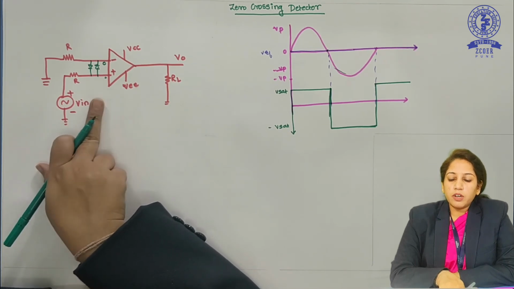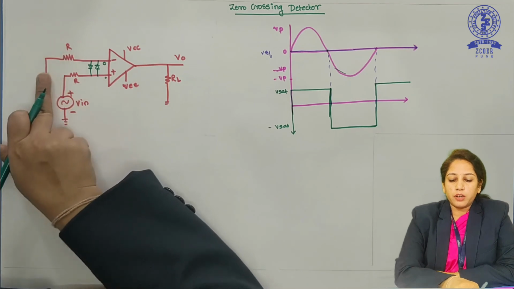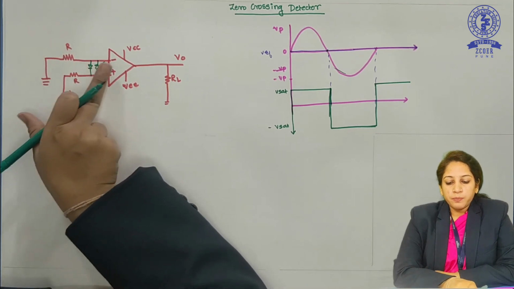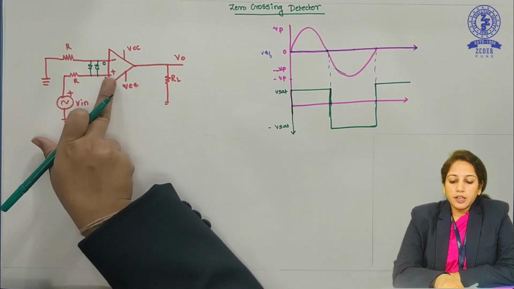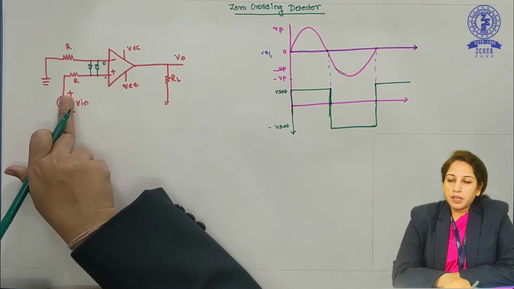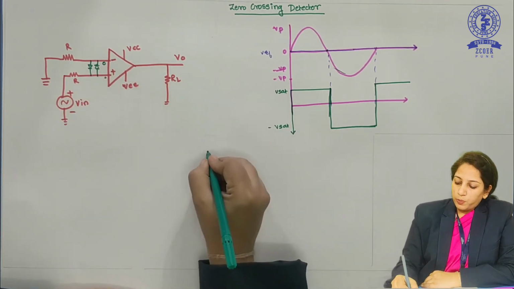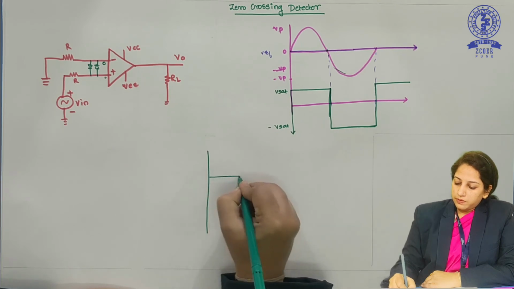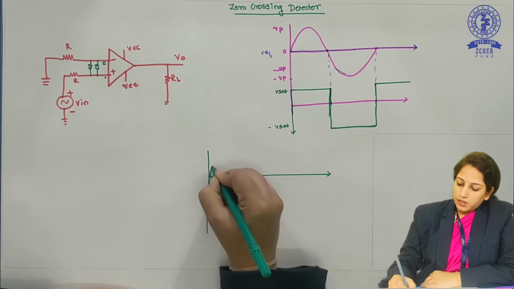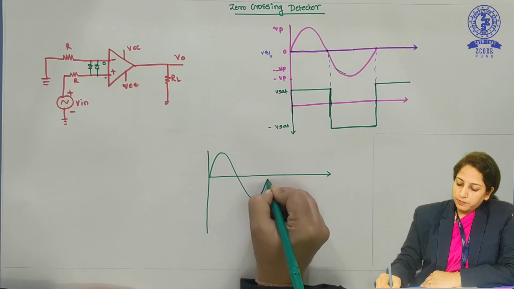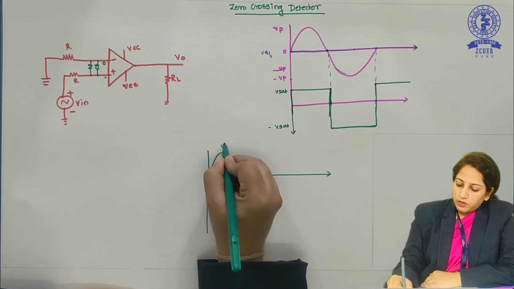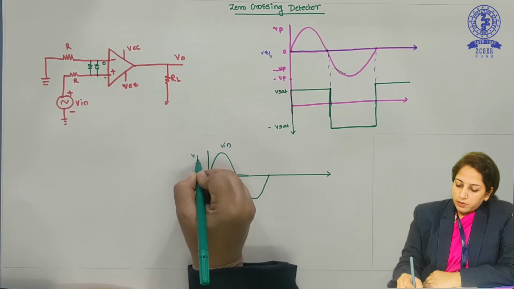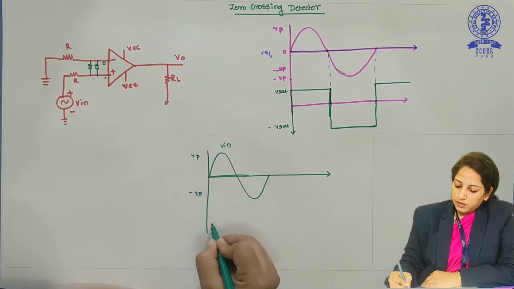For the inverting zero crossing detector, I apply the input voltage on the inverting terminal and make the non-inverting terminal grounded. Suppose this is my input wave, V reference is now 0, with V peak and minus V peak.